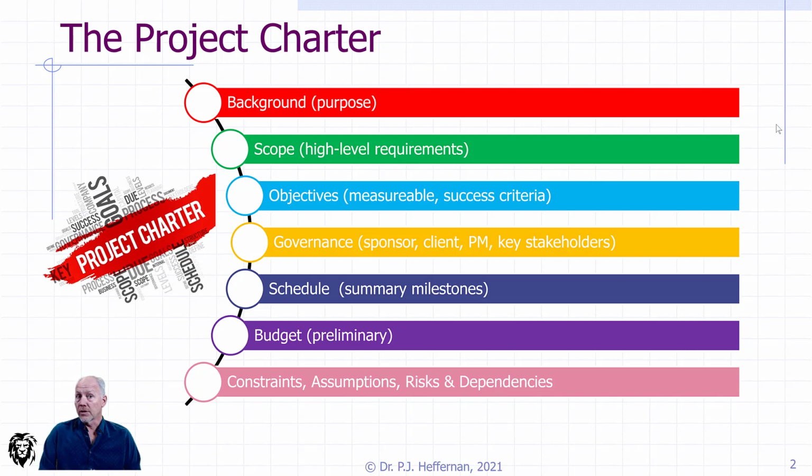It may also include summary milestones, the big overarching ones, you need to accomplish this by a certain period of time, which will drive the schedule. And it probably has some kind of preliminary budget. Now we're going to have to validate that budget as we get more and more refined, but that initial budget, arrived at in a larger, rough picture, is likely passed on in the project charter, and certainly as we validate it, if we're going to beat it, that's great.